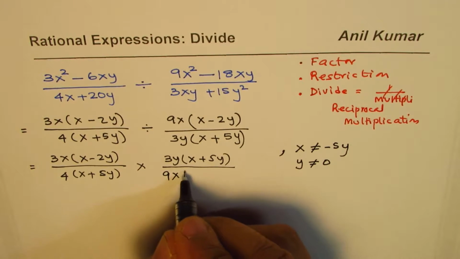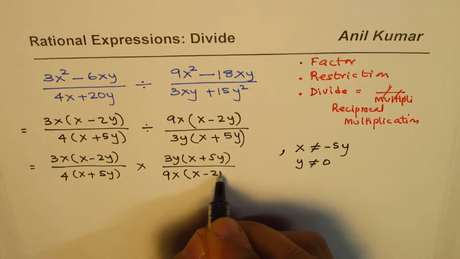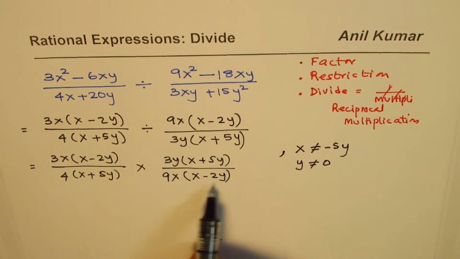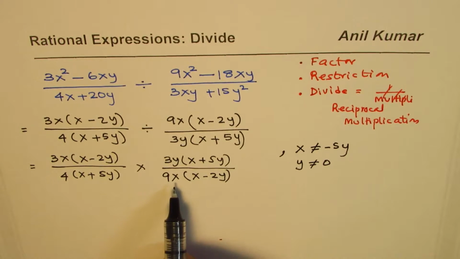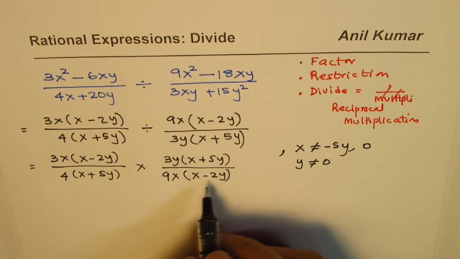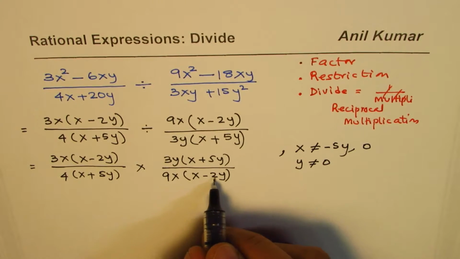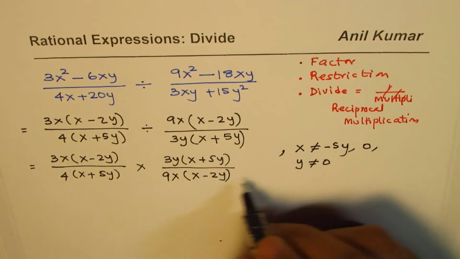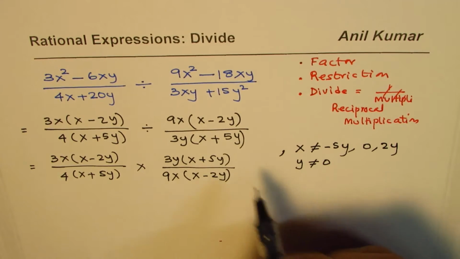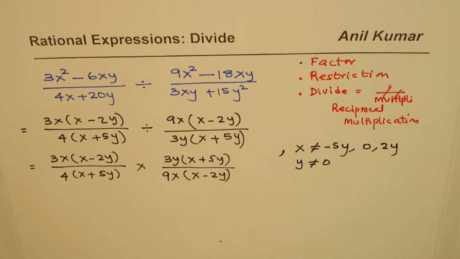That is how you write the reciprocal, right? Now you clearly see that since we have this factor in the denominator, it cannot be 0. So we have additional restrictions: x cannot be equal to 0 and x cannot be equal to 2y. So these become restrictions for the given example, correct?